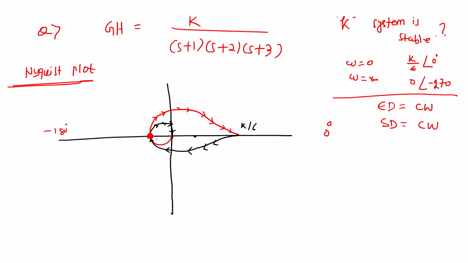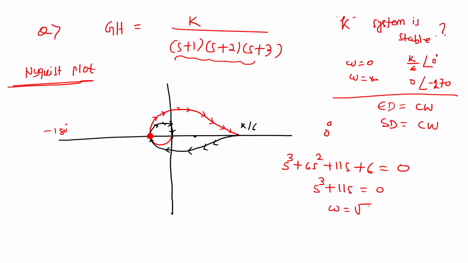For that, multiply out s plus 1, s plus 2, s plus 3, which gives s cube plus 6s square plus 11s plus 6 equal to 0. Then take the odd terms equal to 0, so s cube plus 11s equal to 0. So omega equals root 11. At this point, your omega value is root 11.